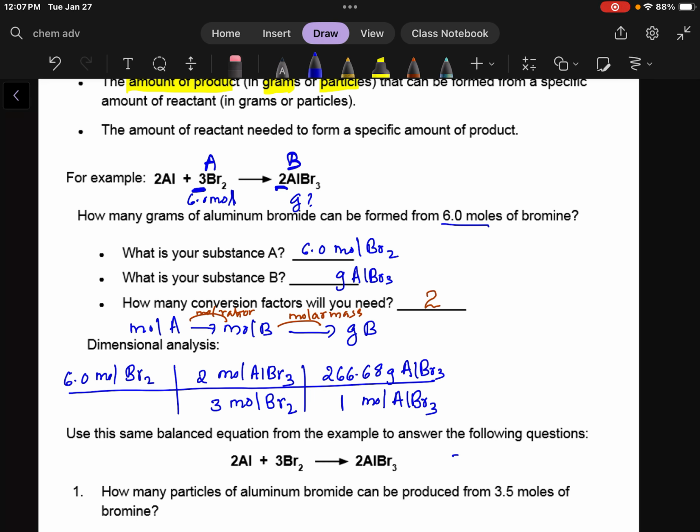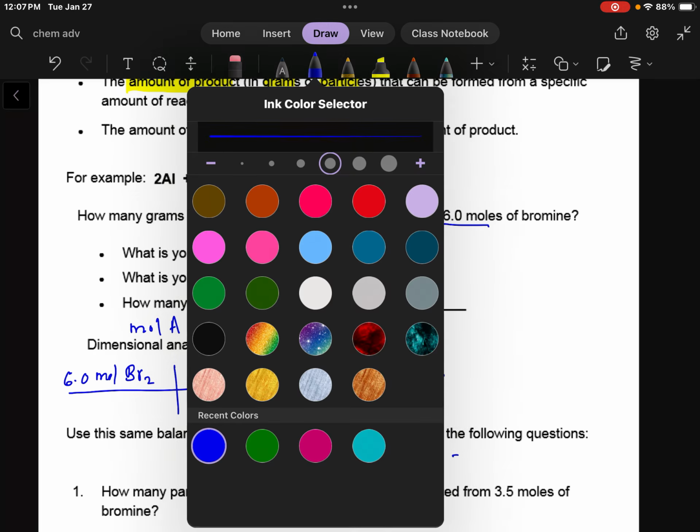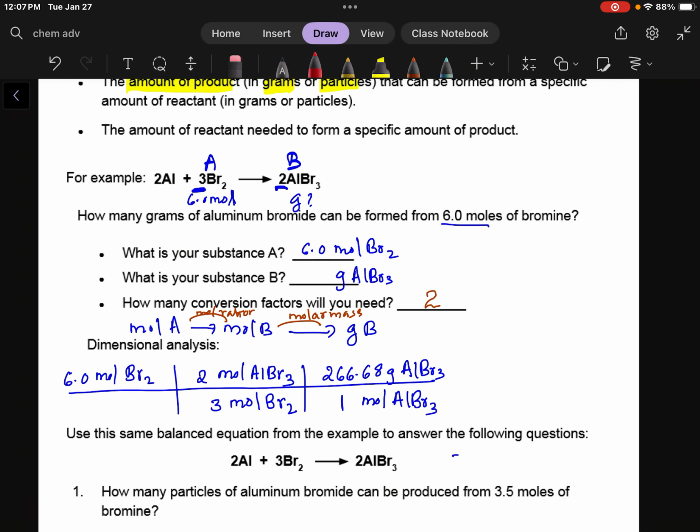Now let's check our T chart to see whether we did that correctly. Always, diagonally, units and identity must be the same. Yes, here it is. Cross them out. Now do the calculation and round your answer with how many sig figs? This one has 2 sig figs.